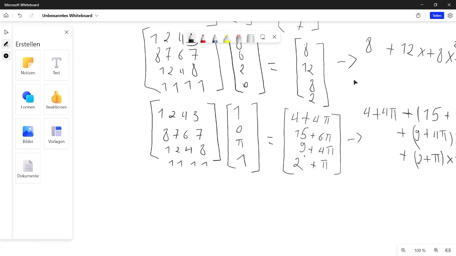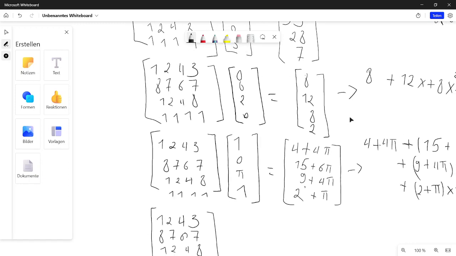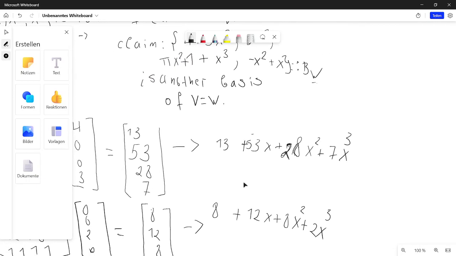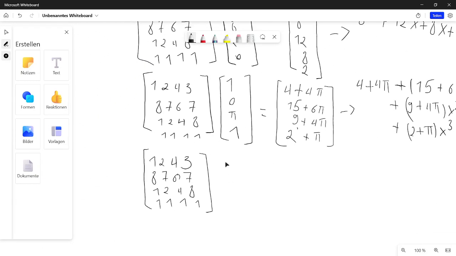All right, the last one remains. 1, 2, 4, 3, 8, 7, 6, 7, 1, 2, 4, 8, 1, 1, 1, 1. Here and here, 0, 1, minus 1, 0.